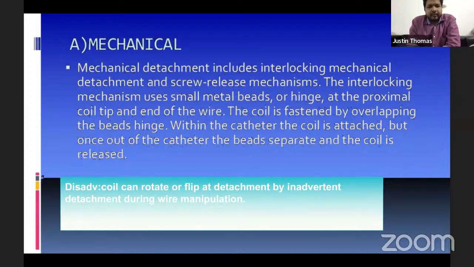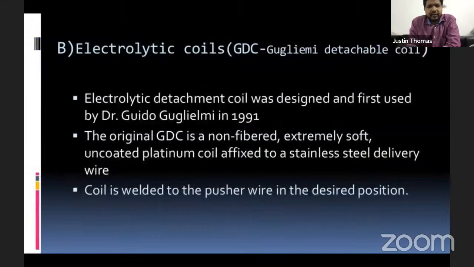But once it gets out of the catheter, the beads get separated and the coil is released. This is a mechanical detachment. But the disadvantage is it can rotate or flip at the detachment, causing inadvertent detachment during wire manipulation.